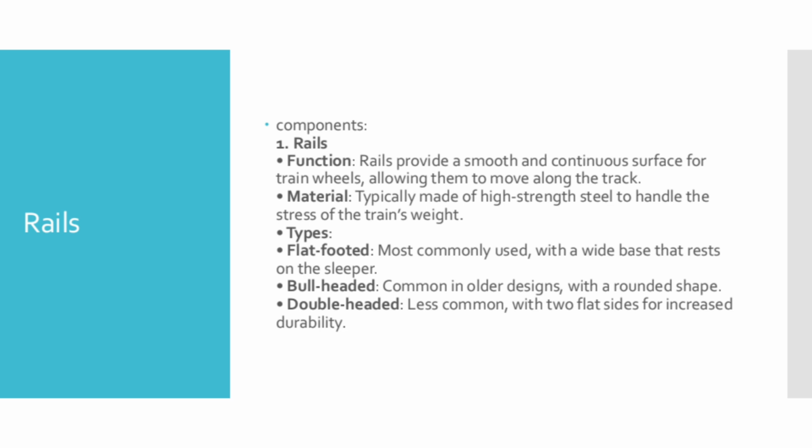They had flat sides and they were very less used. For increased durability, wherever they used bull-headed, sometimes they used double-headed, wherever they needed durability, wherever they needed them to be strong. Okay, now let us move on to the next part, that is sleepers.